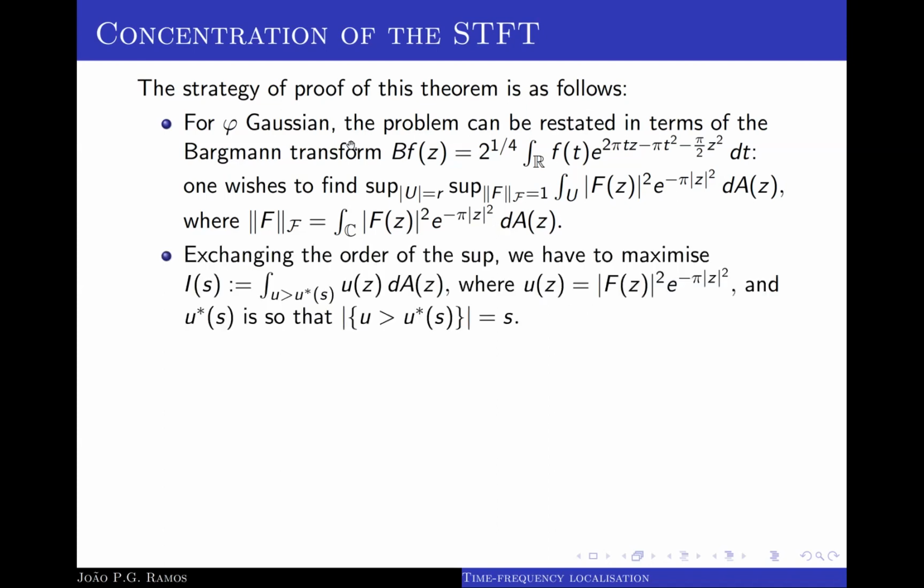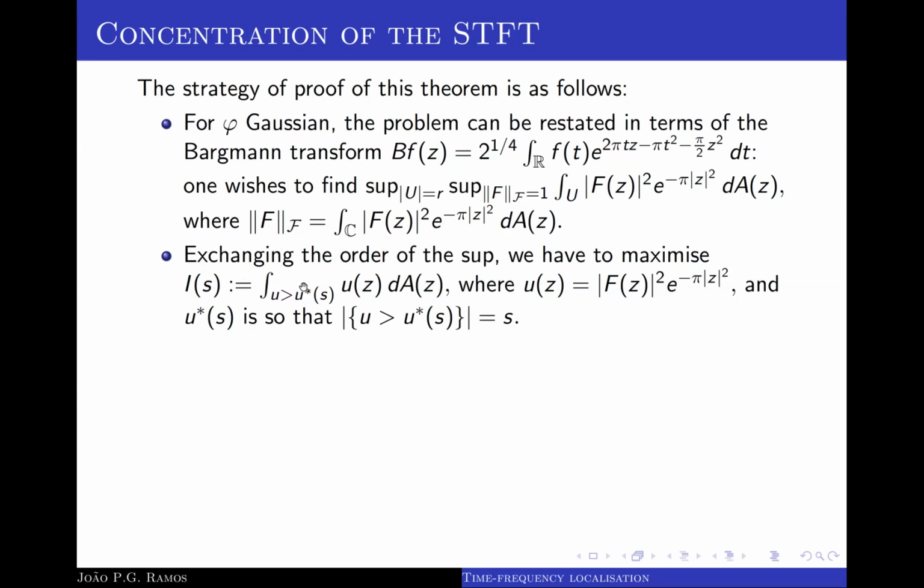The second: there's this supremum that we can exchange the order of, the supremum over the measure of U and the supremum over the norm of f equals 1. If we first take the supremum over U, we can take the optimal sets to be level sets of the function u of z, which is just |F of z| squared times e to the minus pi |z| squared.